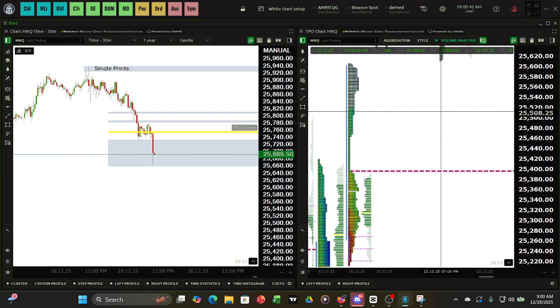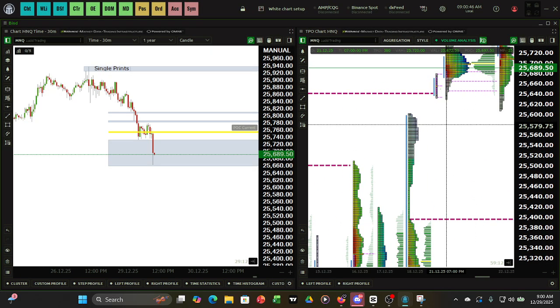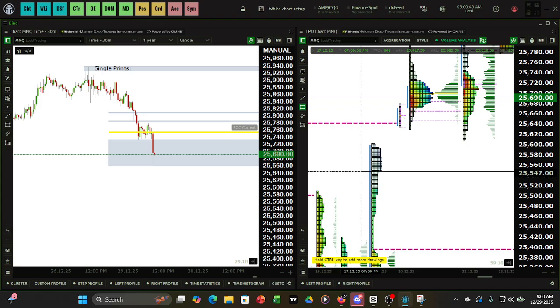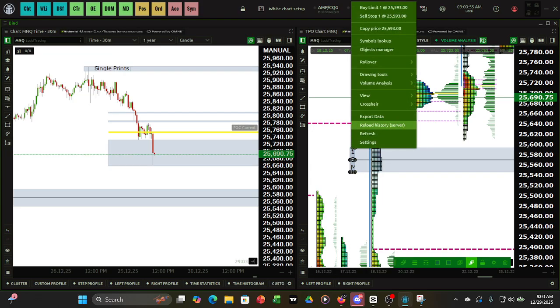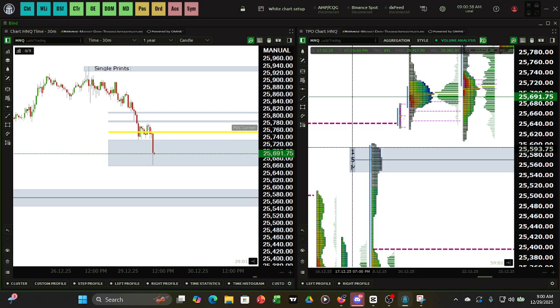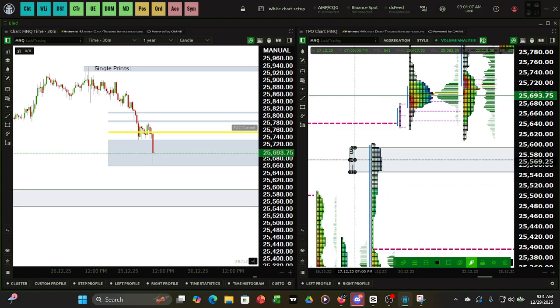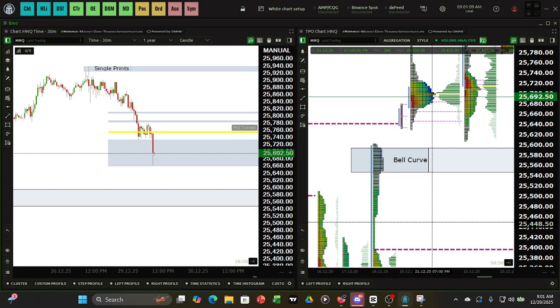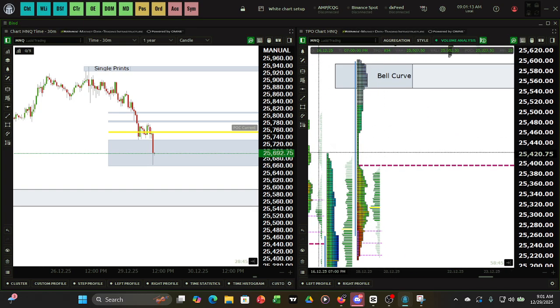If it does look for lower prices, you got a little bit of a volume node here. Got this little area here. Got that little node, and then this right here that's just thin air.